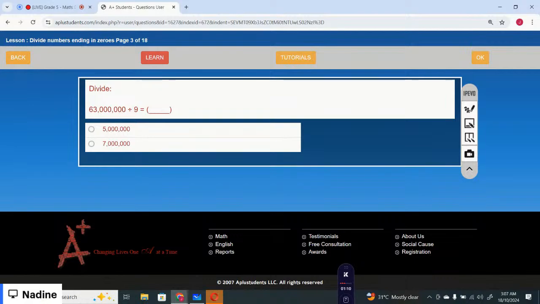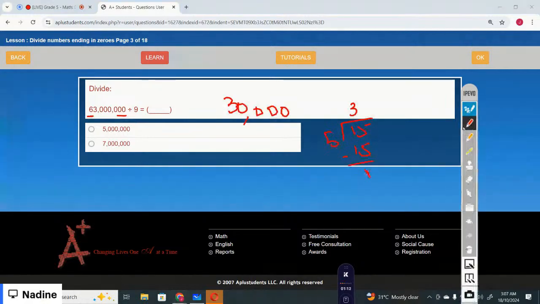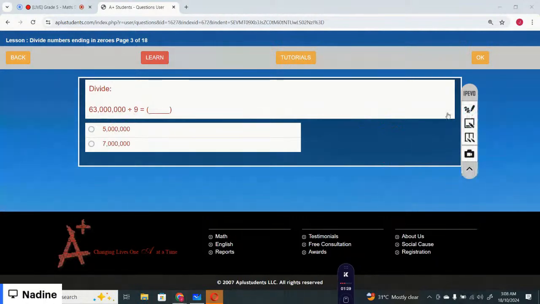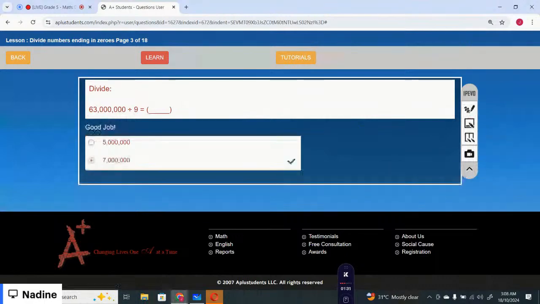So 9 times what number is 63? 9 times 7 is 63, right? So you have 7. You need to add those 6 zeros. So option number 2 is the correct option. Very good.